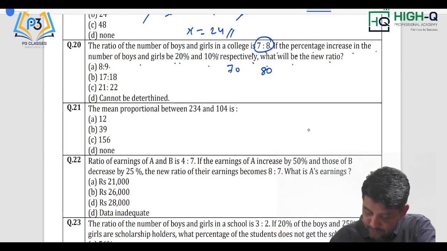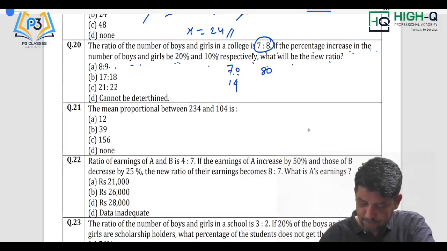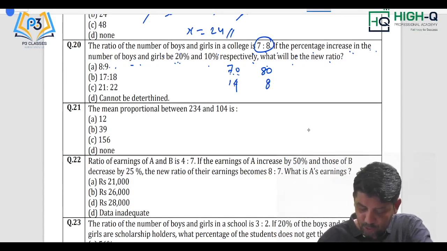If 20% boys increases, what is 20% of 70? 14. Then 10% of 80 is 8. So 14 boys increase, 8 girls increase. So which is 84, 88. Now find the ratio 84 is to 88, which is nothing but 21 is to 22.